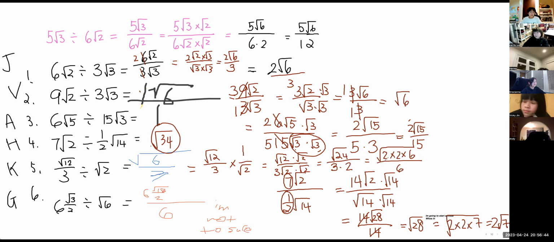Correct? So the two same things get out, equals 2 square root 6 over 6. So simplify. Very good this time, Kelvin 没有忘记 simplify. So 1 over 3, so the answer is square root 6 over 3.